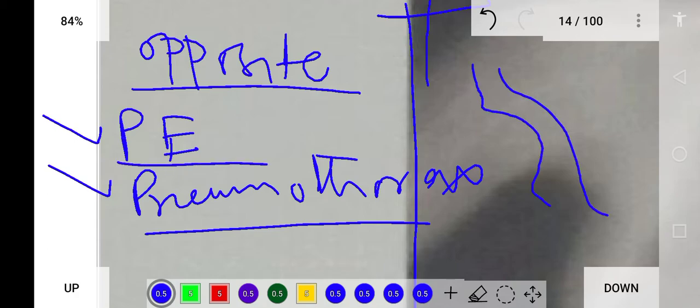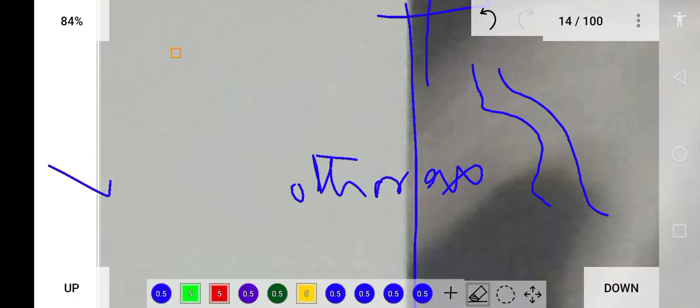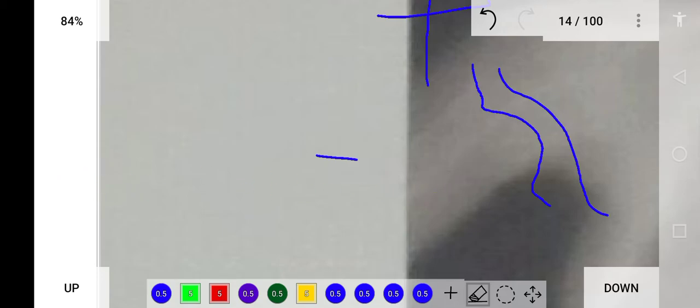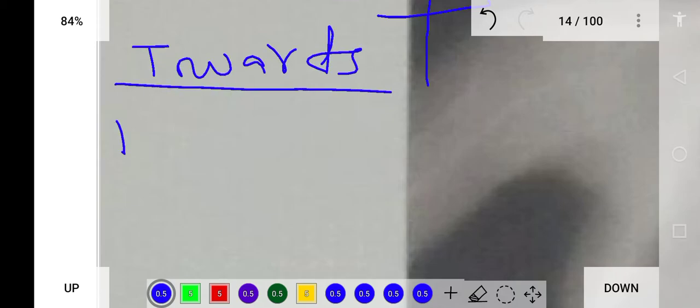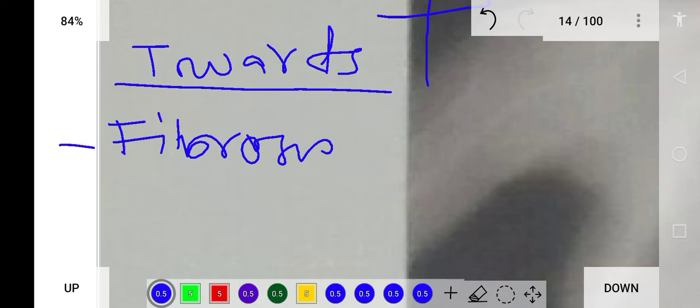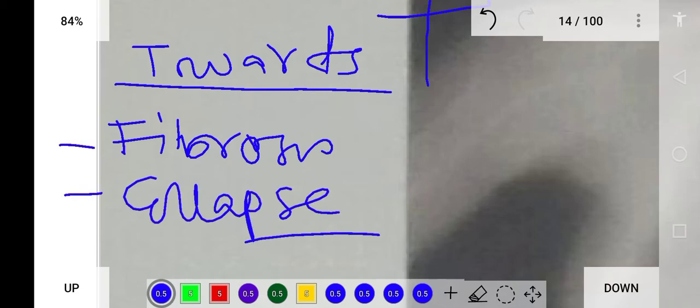If the trachea is moved toward the affected lung, there are also two types of diseases: pulmonary fibrosis, or collapse of the lung. The trachea is shifted toward the diseased lung.